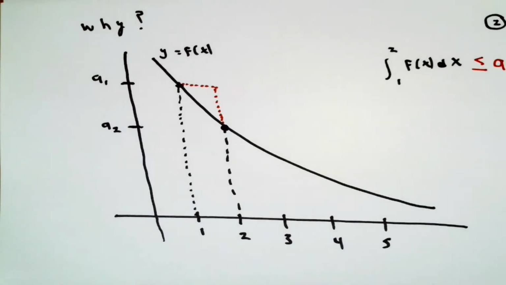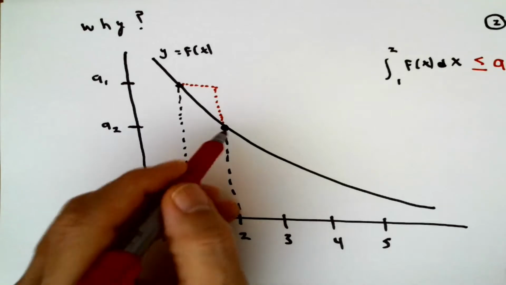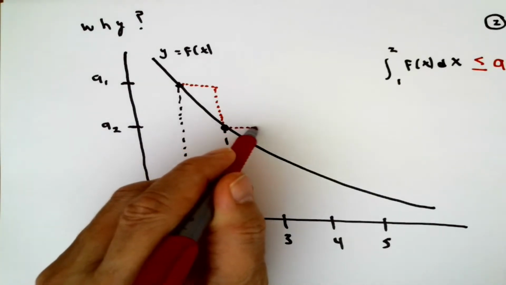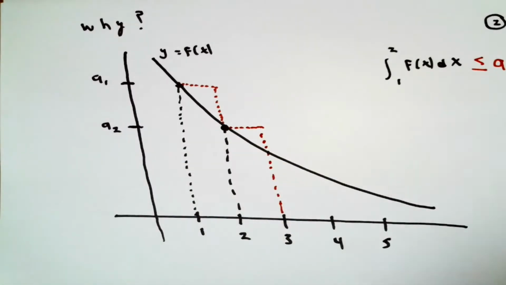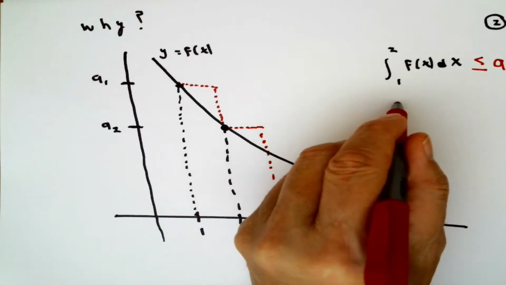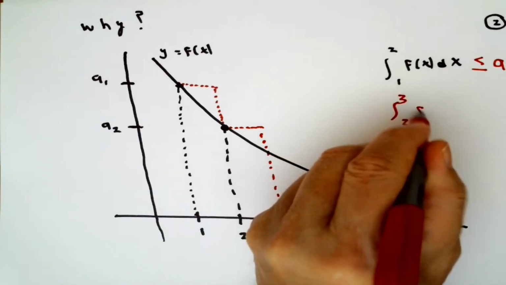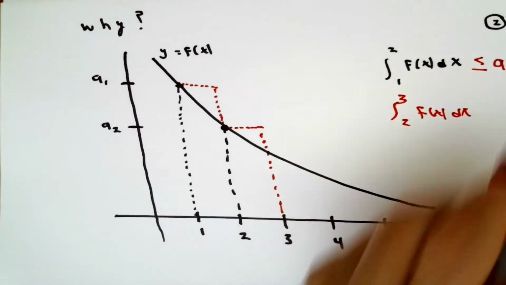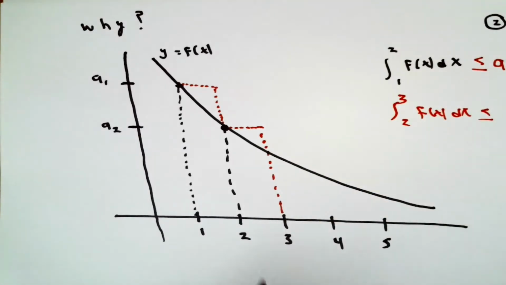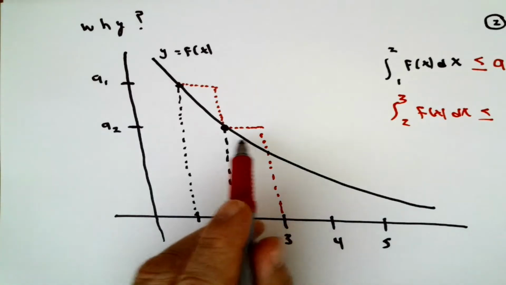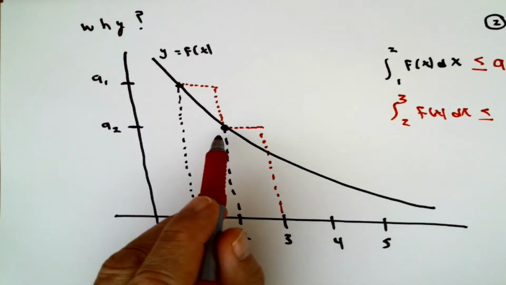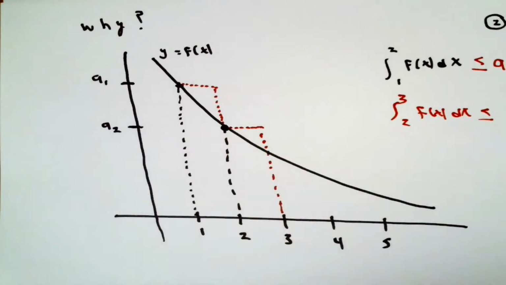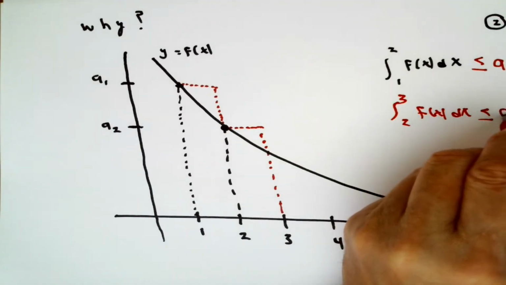On the other hand, you can repeat this argument again. The area under the curve is the integral from 2 to 3 of f of x dx. This is no more than the area of this rectangle, which is 1 unit across this way and a_2 units in the up and down direction. The integral from 2 to 3 of f of x dx is no more than a_2.